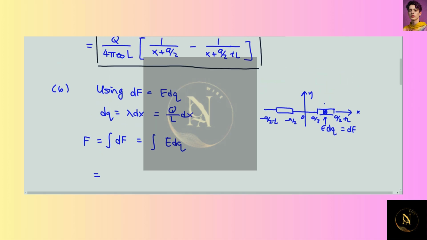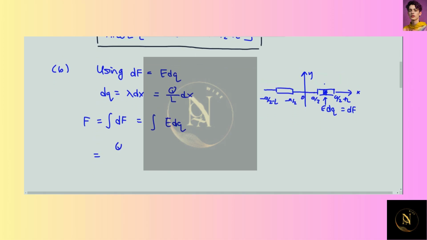The E is the expression that we obtained above, so we pull the constants out. 1 over 4 pi epsilon, integrate Q over L dx, just to write nicer.